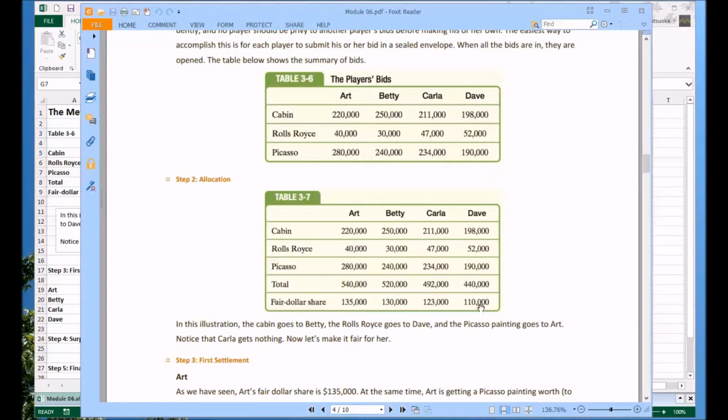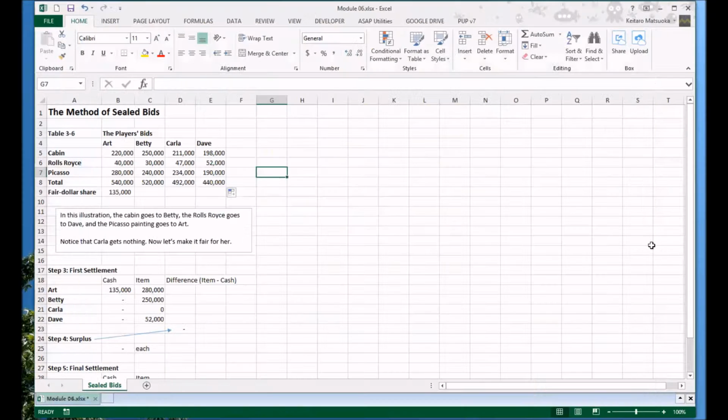Let's calculate the bottom row. How do you get 135,000? For Art, the total is 540,000, and there are 4 players. To get a fair share, you do the total divided by how many players there are. So you do 540,000 divided by 4. That's how you get 135,000.